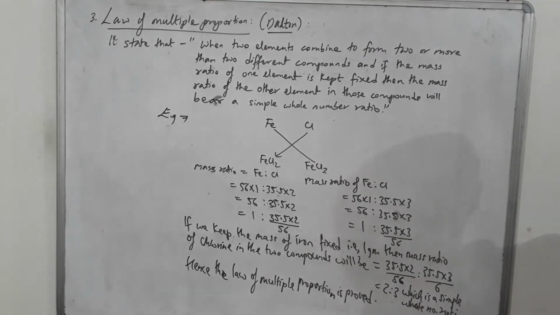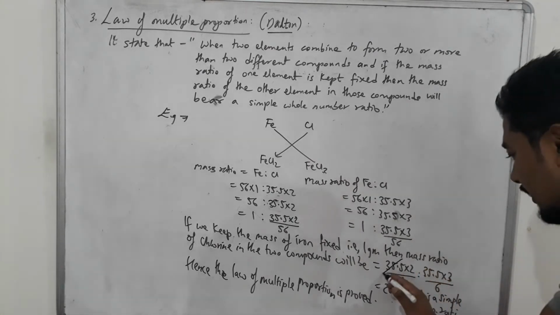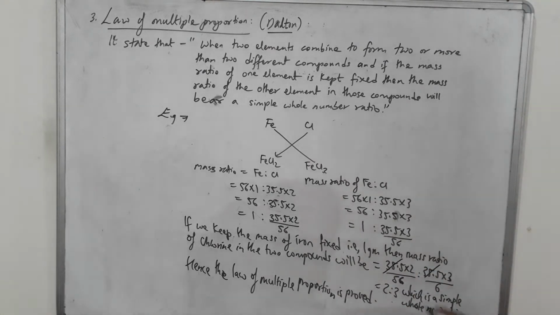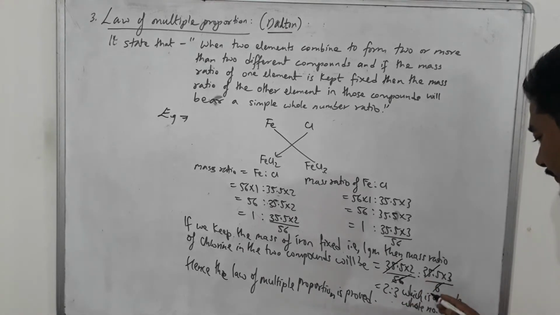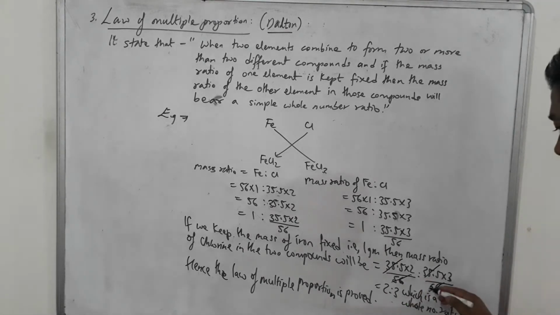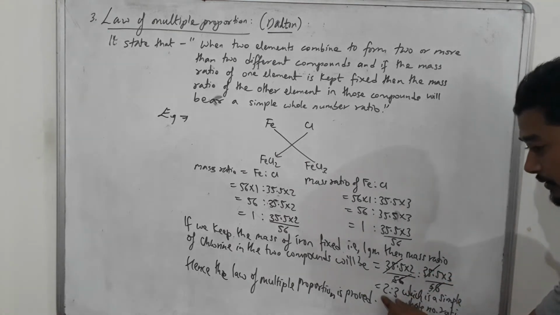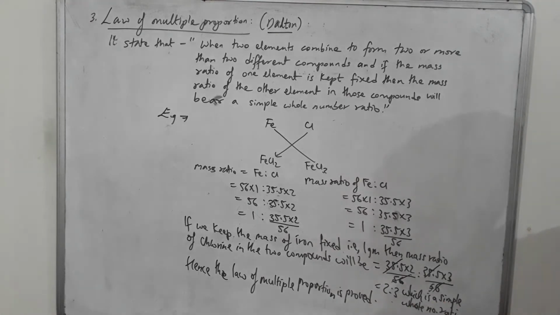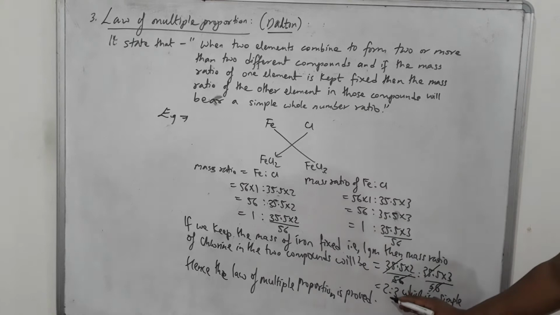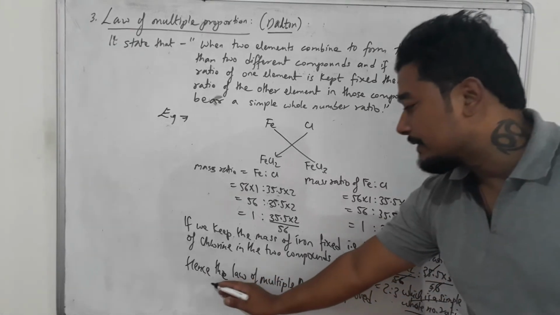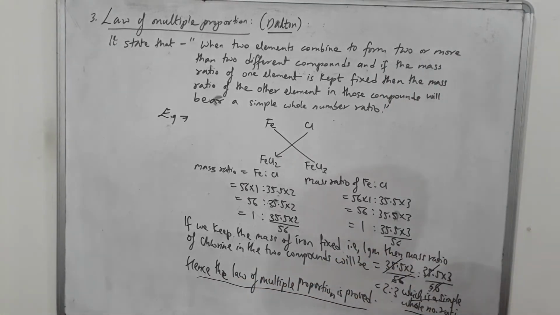Now here, students, we can cancel 35.5 and 35.5, and cancel 56 and 56. What remains is 2 and 3. And you know that 2 to 3 is a simple whole number ratio. And if the simple whole number ratio comes, then we can say the law of multiple proportion is proved.